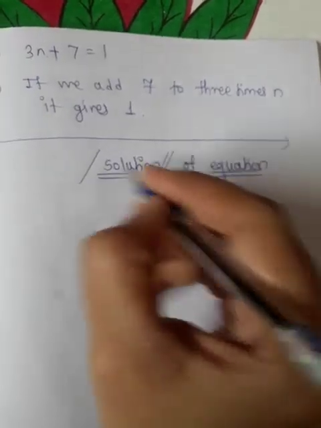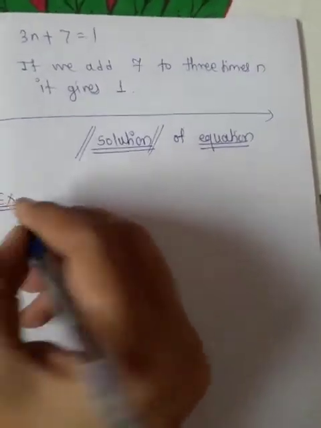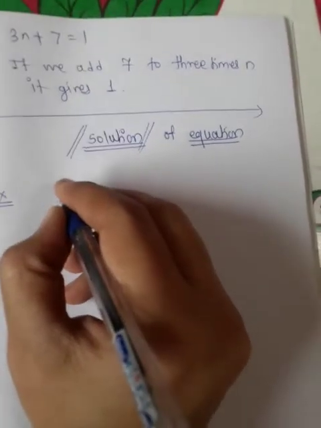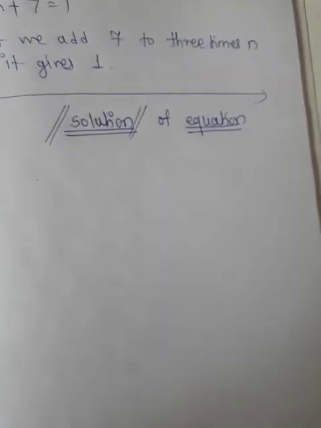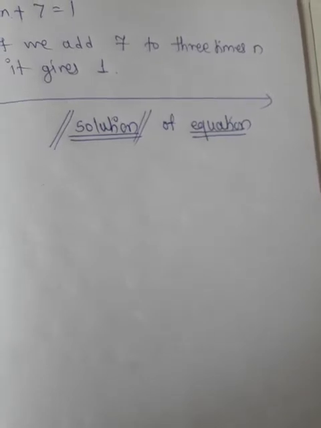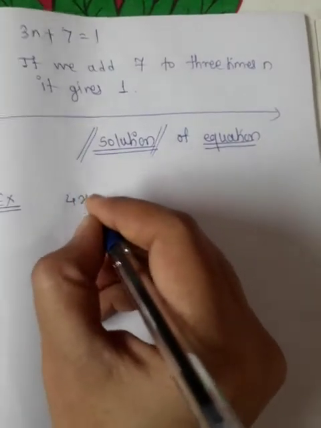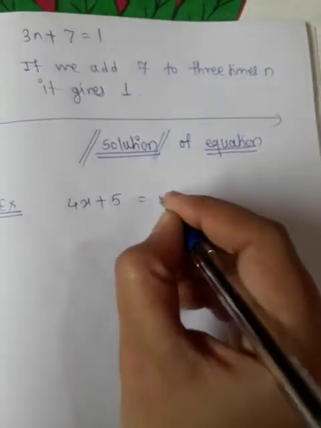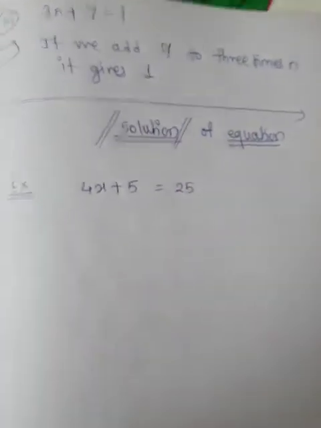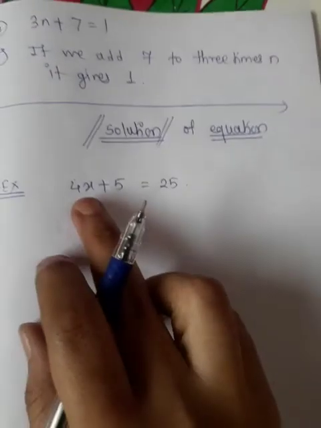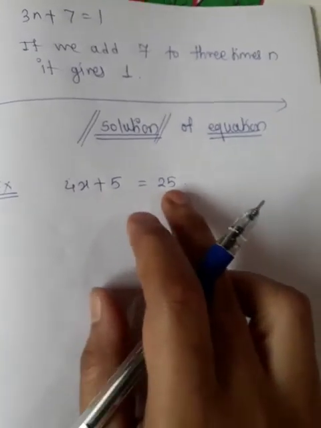What is a solution? See here, one more example. Suppose we have the equation in variable x, that is 4x plus 5 is equal to 25.